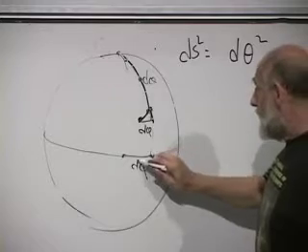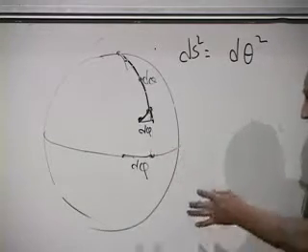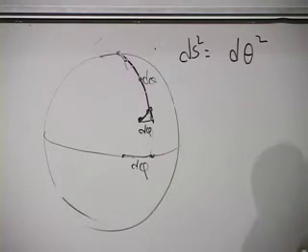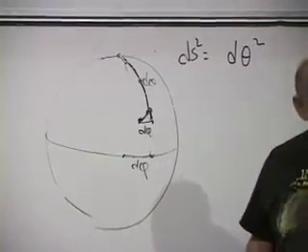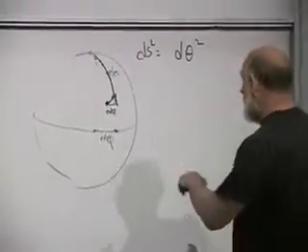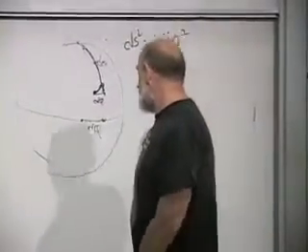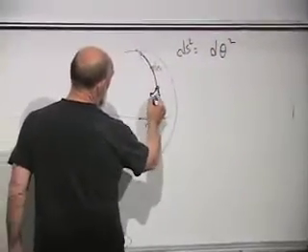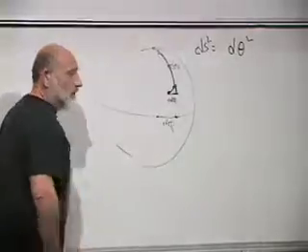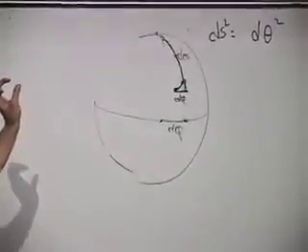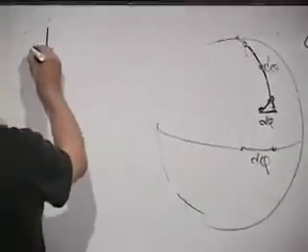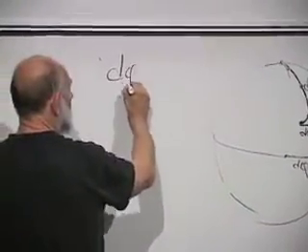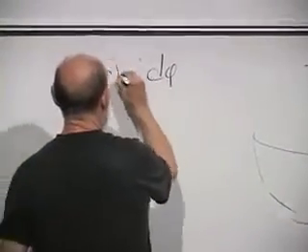Down near the equator, the same phi interval is a larger distance. As we go all the way down to the South Pole, it gets small again. In fact, the horizontal size of the triangle is d phi times sine of theta.